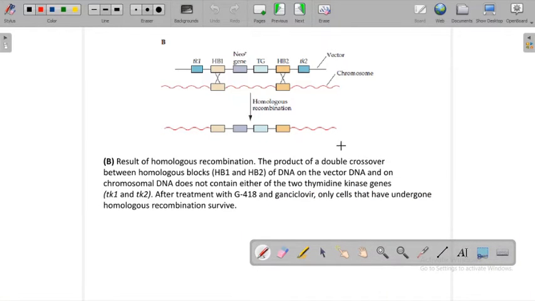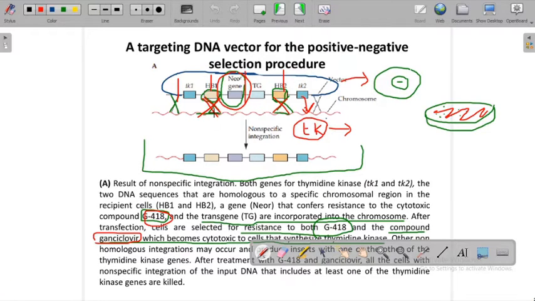Now here in the B site there is a false site, right? Suppose the recombination is not there at the particular site, so that could happen. This gene could happen where the TK gene is present, the homologous binding site is also present, and the neomycin resistance gene is also present. So what will happen? There will be no growth of any cell.